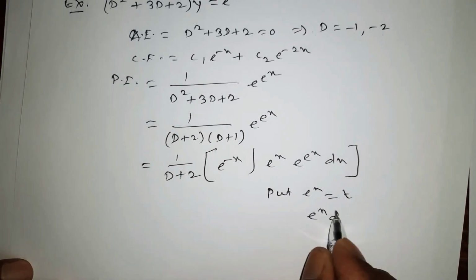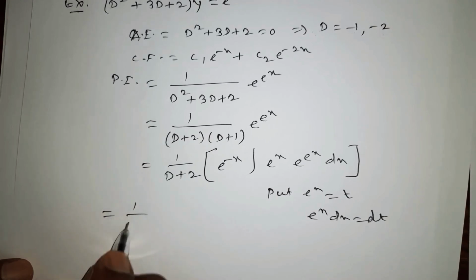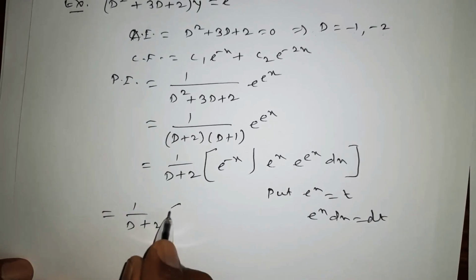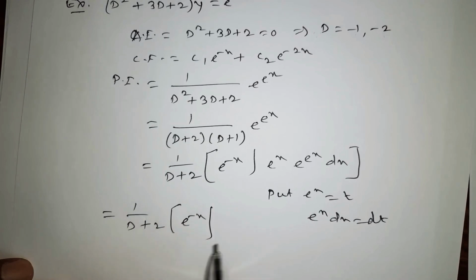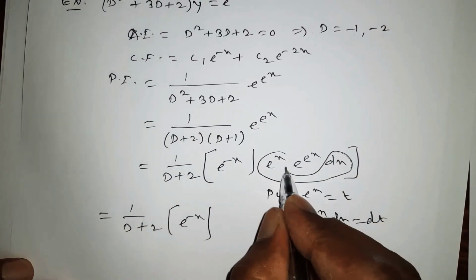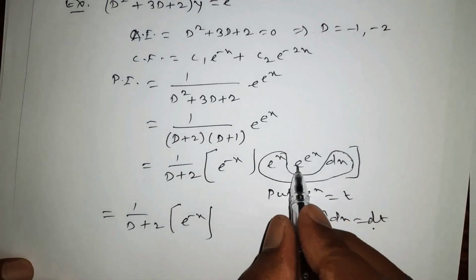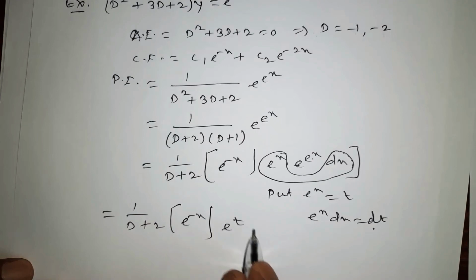So, e raised to x dx is equal to dt. Let us solve it. 1 upon d plus 2, e raised to minus x, integration of this e raised to x into dx, this term e raised to x into dx becomes dt, and here e raised to t. So, e raised to t dt.